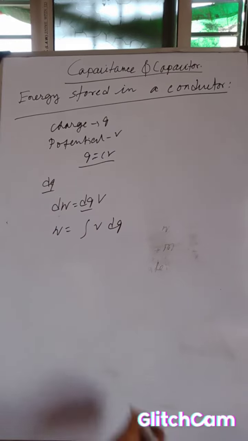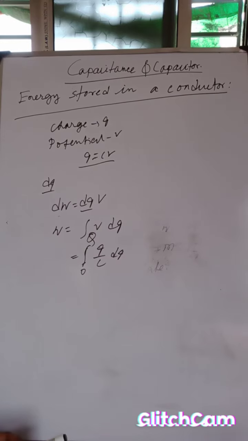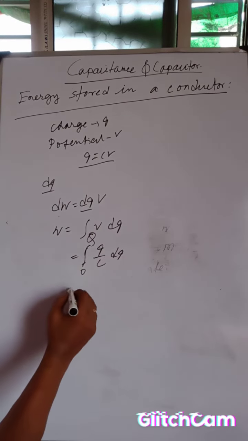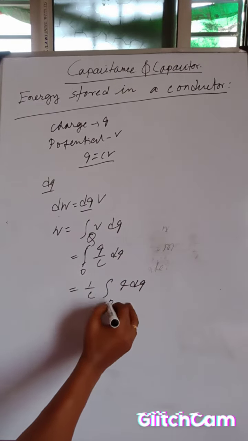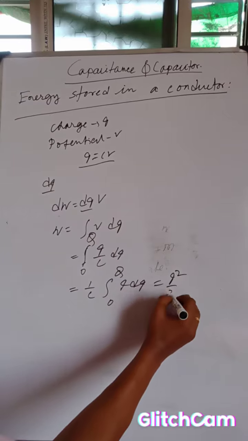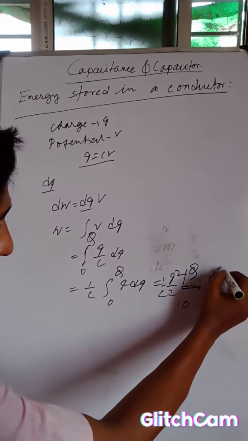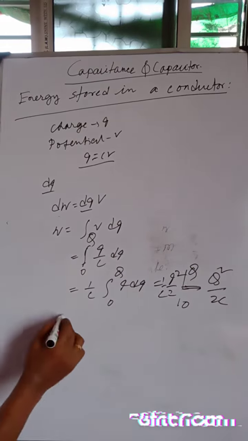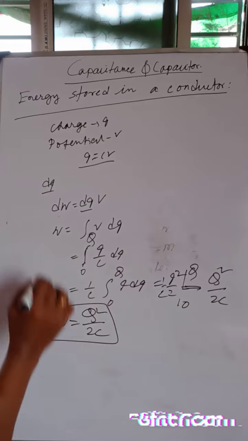V equals q by C, so integrate q by C dq from 0 to capital Q. Initially the conductor was uncharged and we give a total charge capital Q. Taking 1 by C outside, the integral of q dq from 0 to Q gives Q square by 2, so we get Q square by 2C. This is the expression of energy stored inside the conductor.